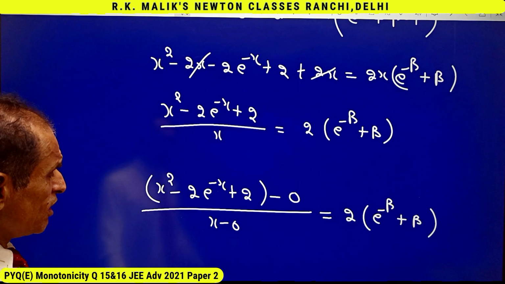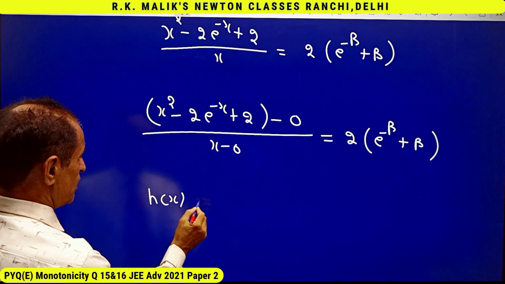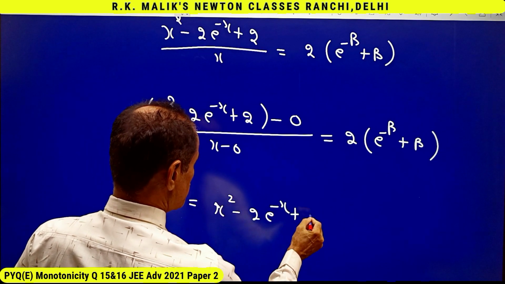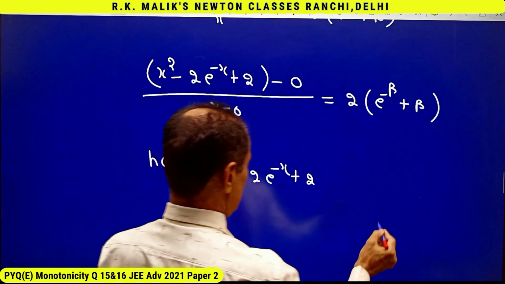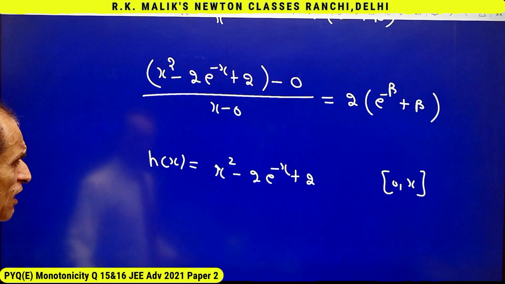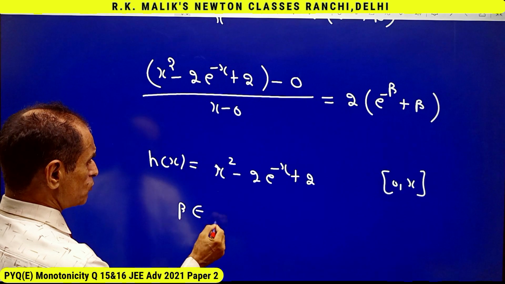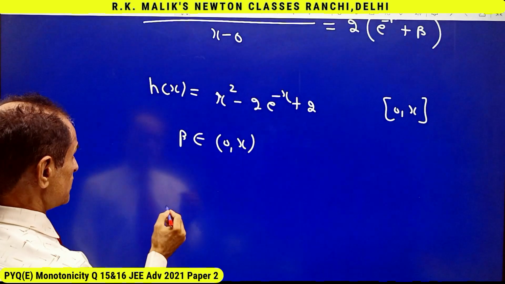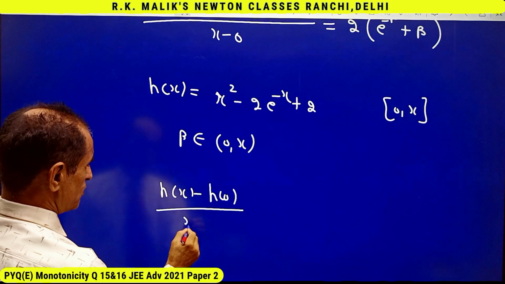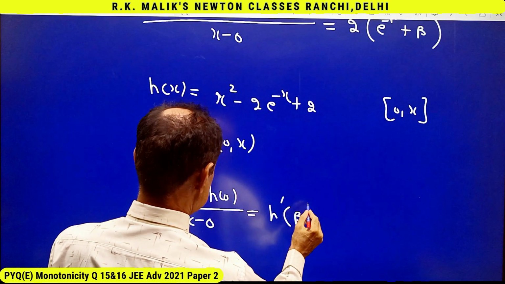With the help of Lagrange's theorem, I can say if I take a function h x as x square minus 2 e to power minus x plus 2 and take the interval 0 to x, then according to Lagrange's theorem, there is at least one value of beta belonging to the interval 0 to x such that h x minus h 0 upon x minus 0 is equal to h dash beta.